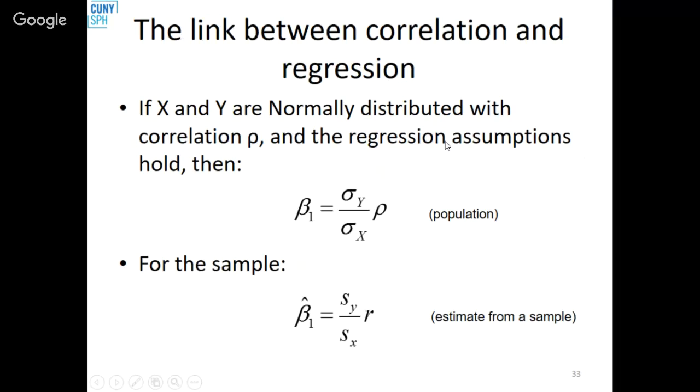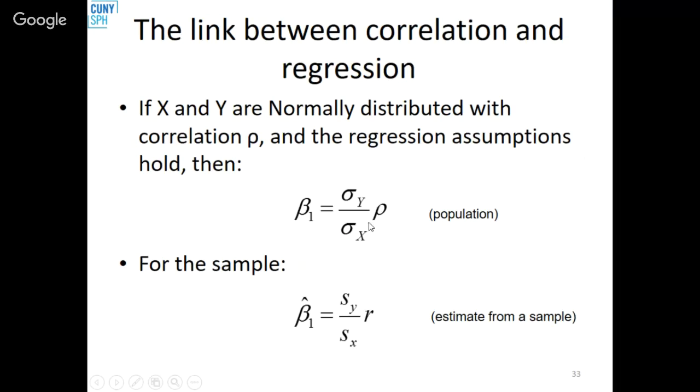Between correlation and regression: if X and Y are normally distributed with a correlation rho, and the regression assumptions hold, then the coefficient of the linear regression is related to the population correlation coefficient by the ratio of the standard deviations.